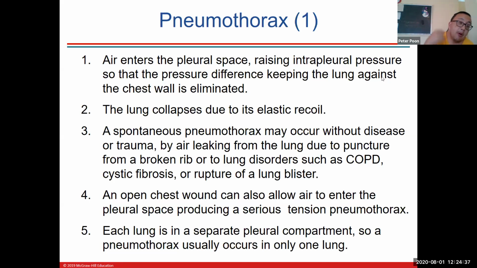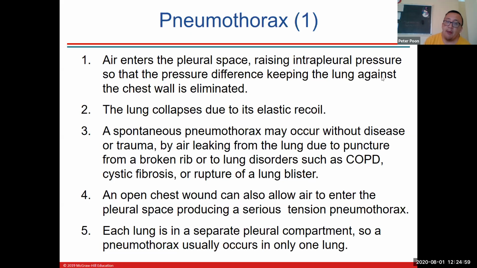Pneumothorax. Pneumothorax is when air enters the pleural space, which raises the intrapleural pressure, so it collapses the lung. Okay. So there's always a little bit of pressure difference that keeps the lung expanded against your thoracic cavity.